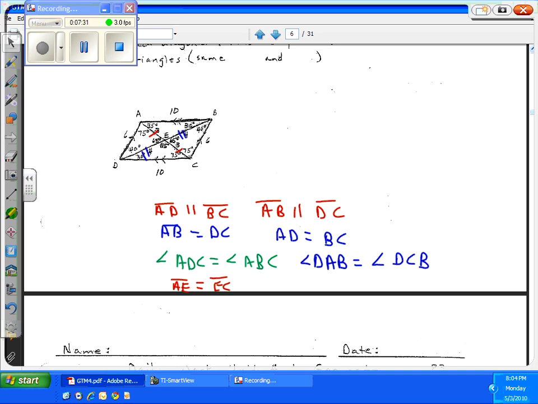And this segment DE is equal to this segment EB or BE. The diagonals bisect each other.